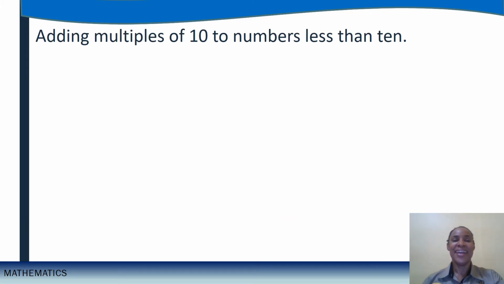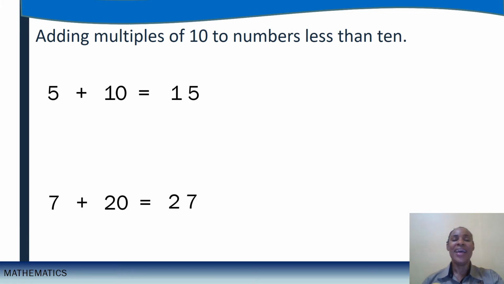Boys and girls, I want us to look back at the numbers we added earlier. We added 10 to 5, giving us 15. Next, we added 20 to 7, giving us 27. And then we added 100 to 8, giving us 108.